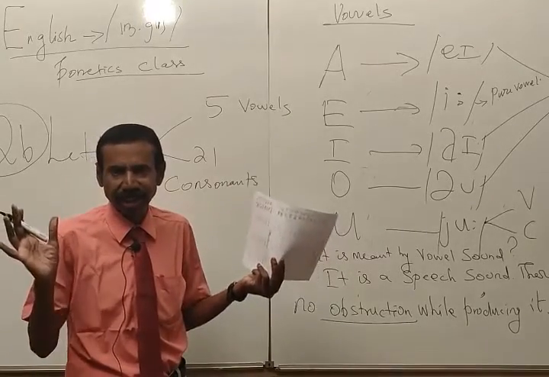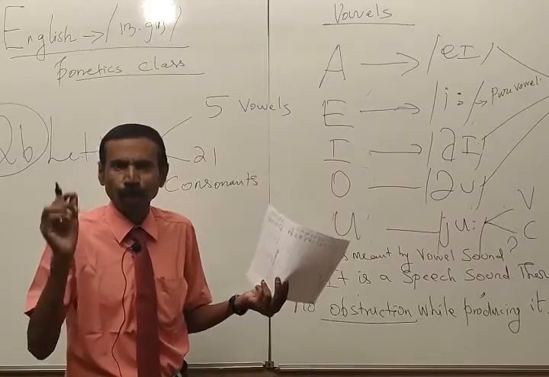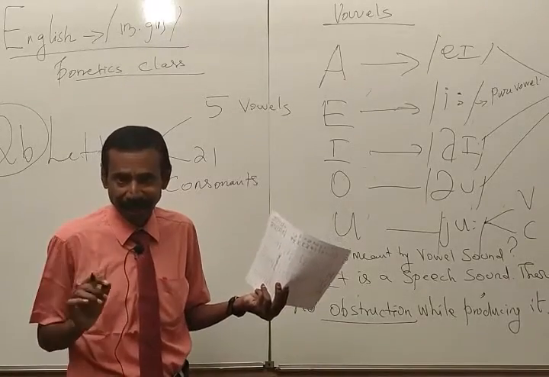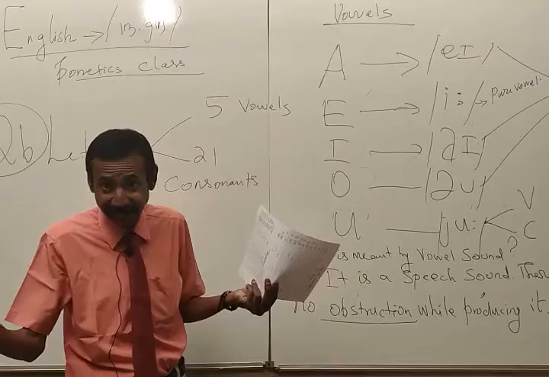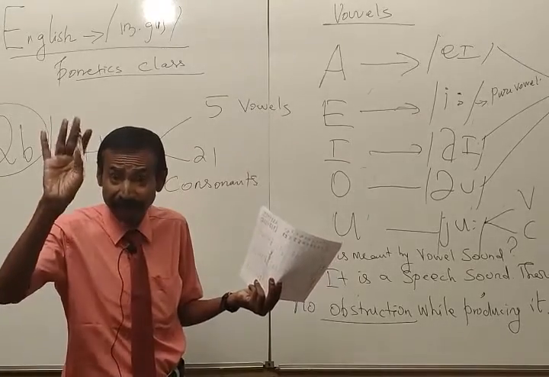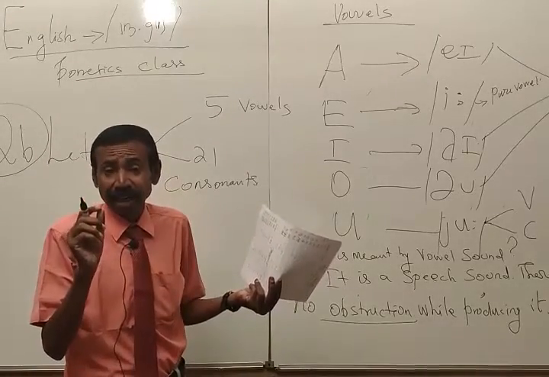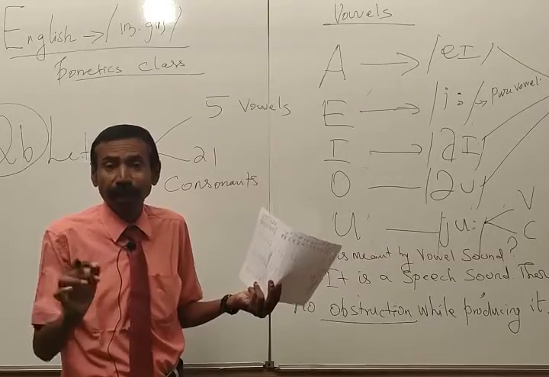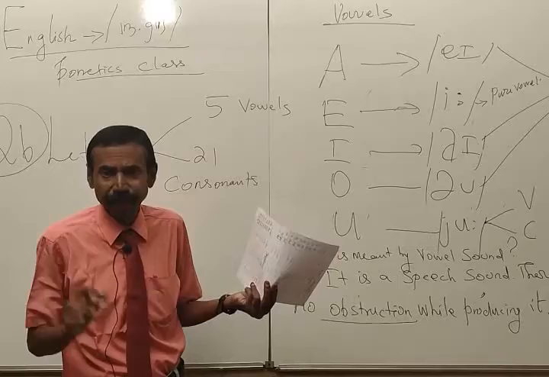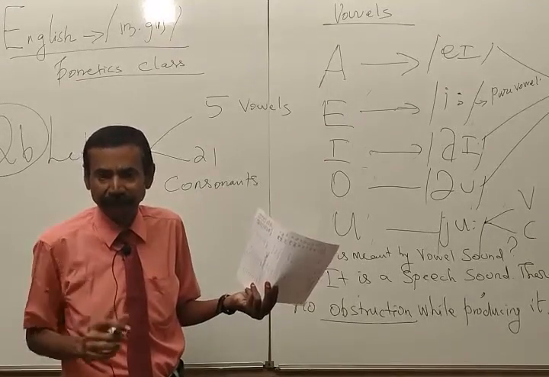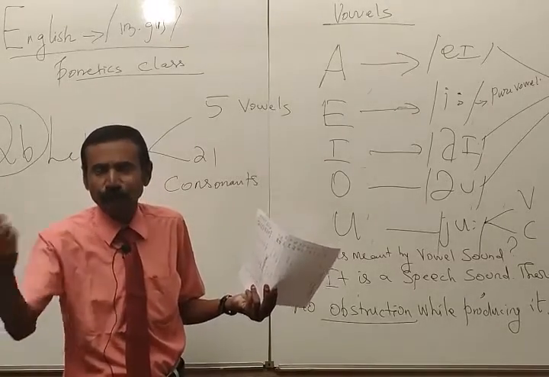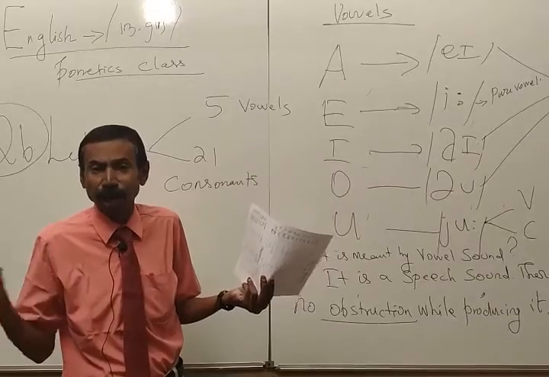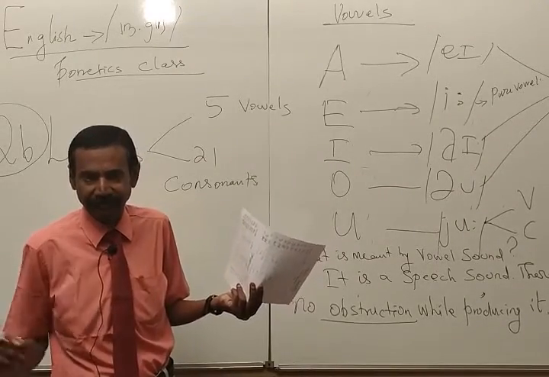So you have to keep this in your mind while talking, while reading. We have 4 basic skills in English, namely L, S, R, W. L for listening, S for speaking, R for reading, and W for writing.